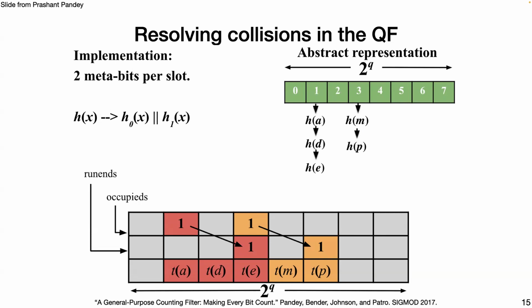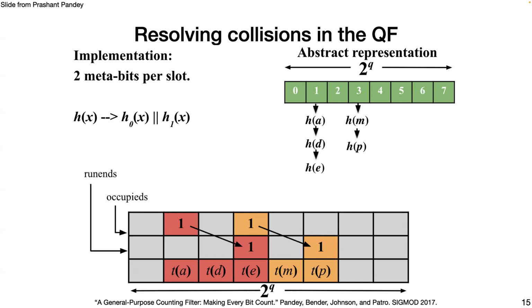And run end means that it is the end of something that started earlier. So here, in this example, T of A truly belonged in this bucket, and T of D and E both also belong in this bucket, but they had to be displaced. Run end tells you that this is the end of the things that belong here.